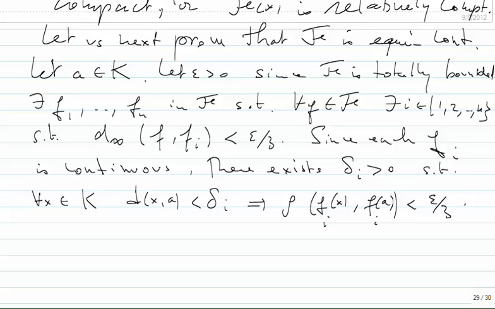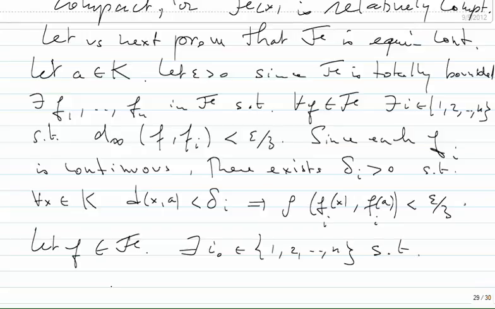So now let any f in F, there exists i0 in 1 to n such that d infinity from f to fi0 is less than epsilon over 3.